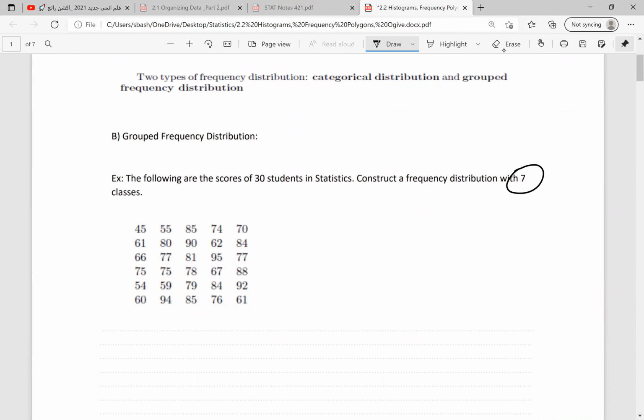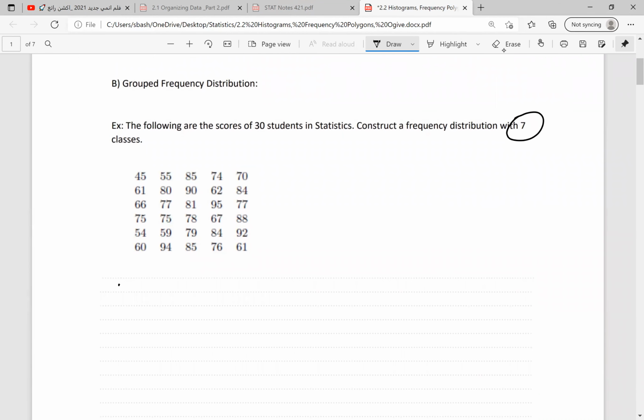To construct the frequency distribution for the grouped data, we need a couple of things. First one, we need to find the range of the data.